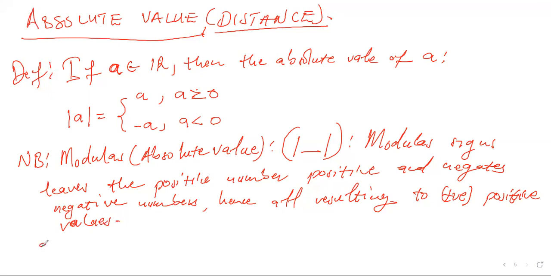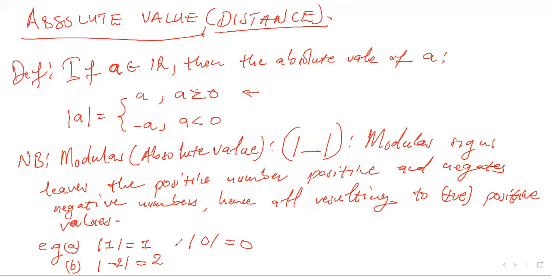For example, A: the absolute value of 1 is equal to positive 1 each and every time. B: the absolute value of negative 2 is equal to positive 2 each and every time. C: the absolute value of 0 is equal to 0 because of this property, you see?